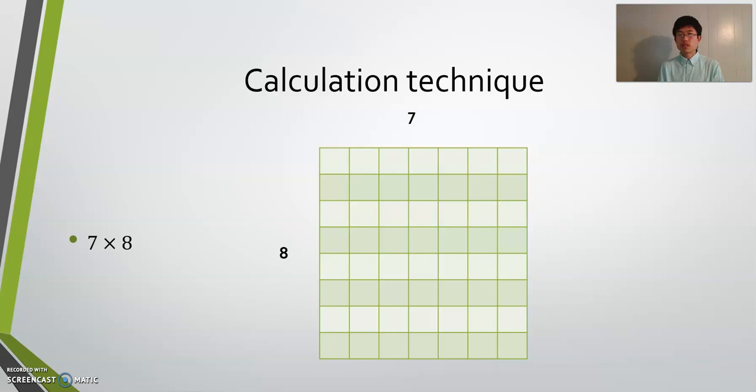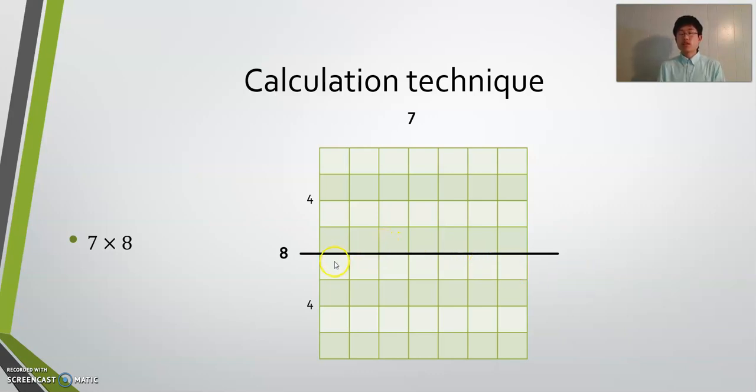is to split the numbers into numbers that you can manage. Here's what I mean. Let's say, oh my gosh, 8 is such a big number, I'm not really confident. So let's break that down into 4 and 4.